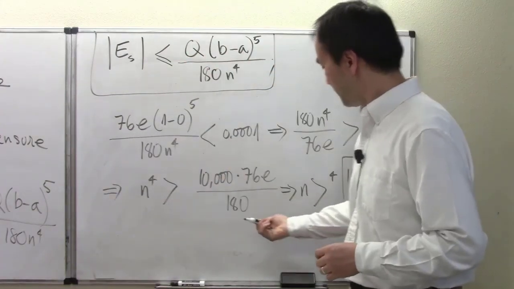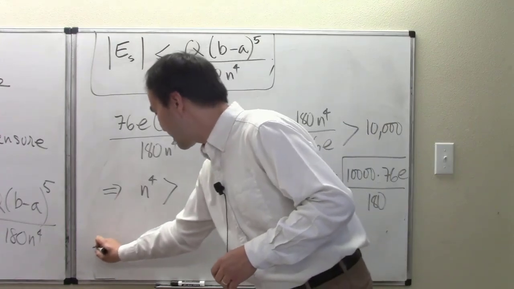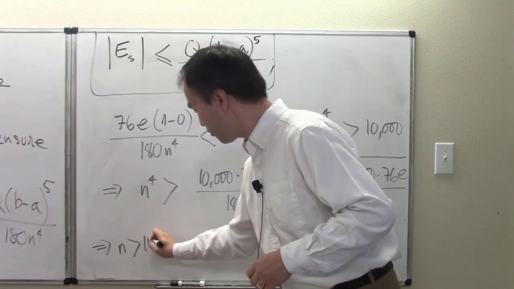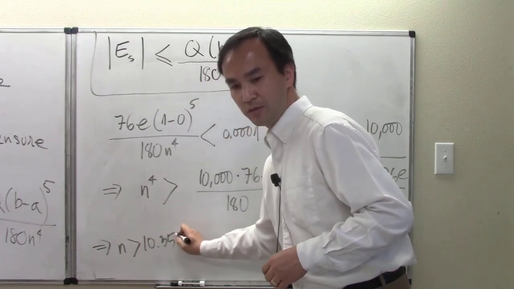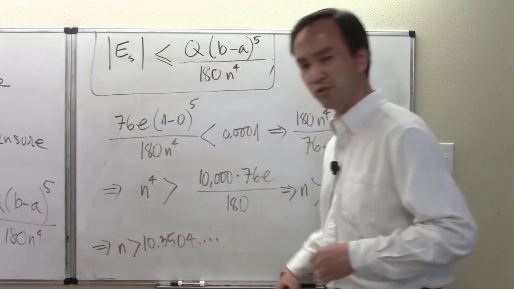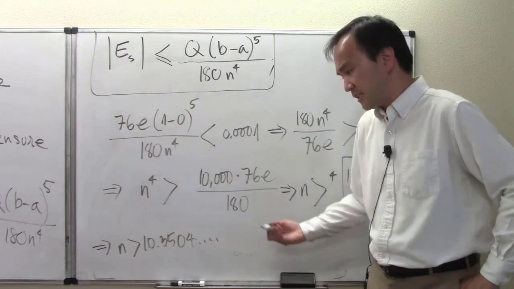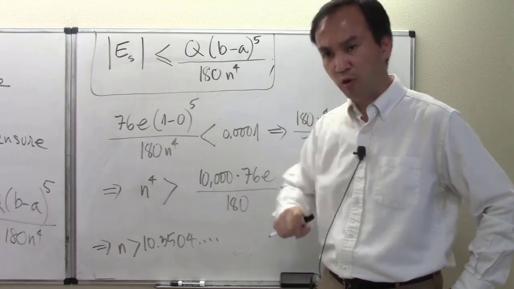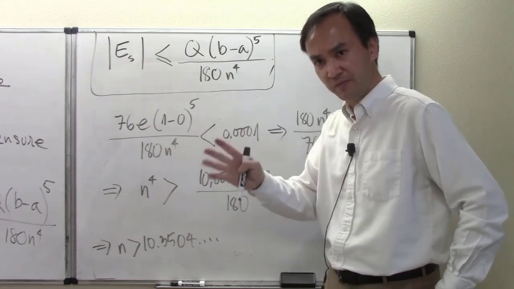The final answer comes out saying n must be greater than 10.3504 and a lot longer, of course. But in the end, n has to be a whole value because it's the number of subintervals.